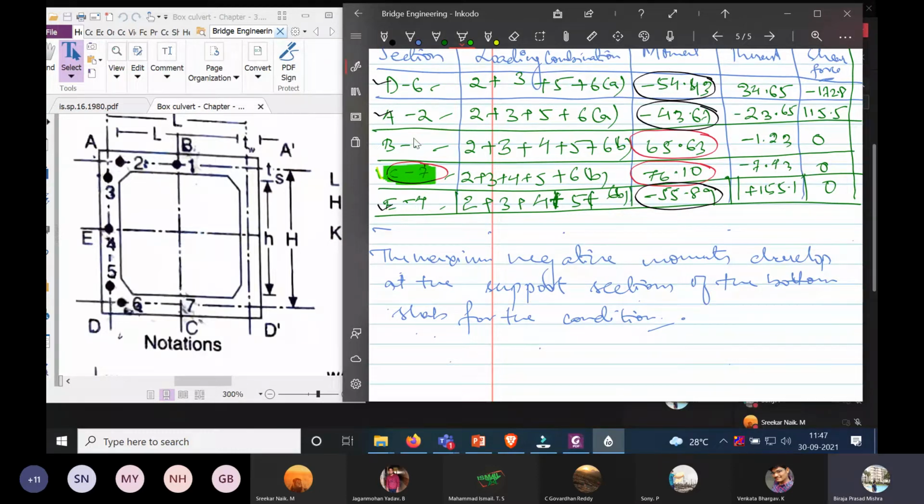Then we will go for the mid span of the bottom slab, this one. Then we will design the section D6, this one, and the vertical one, that is E4. So C7, D6 and E4. Okay, so if we design this, the rest will be similar.